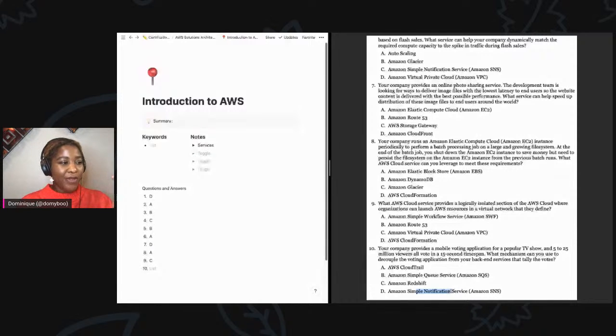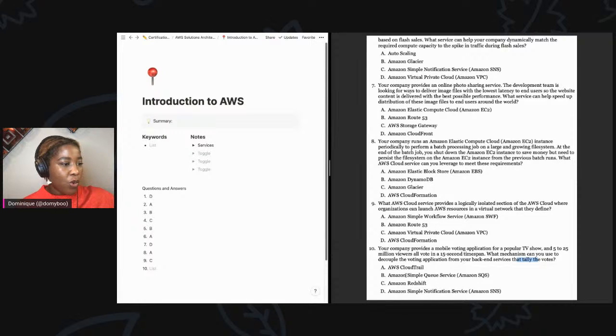So that's why I'm leaning towards B and D, because if you already know a lot of the services from one cloud provider, it almost identically matches up with another cloud provider. It's just called something different. So in this particular case, they want to decouple the voting application from the back-end service that tallies the votes.